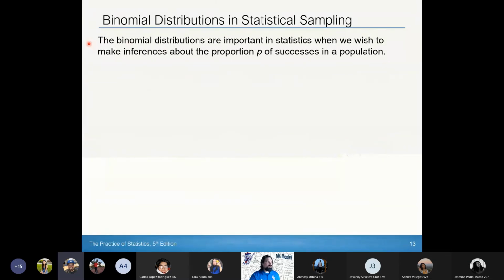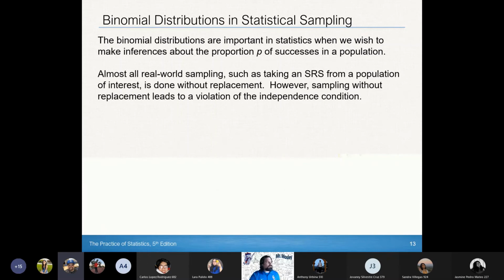Binomial distributions are important in statistics when we wish to make inferences about the proportion P of successes in a population. Okay, so we're still using binomial distributions, but now we're talking about sampling. Almost all real-world sampling, such as taking a simple random sample from a population of interest, is done without replacement, right?